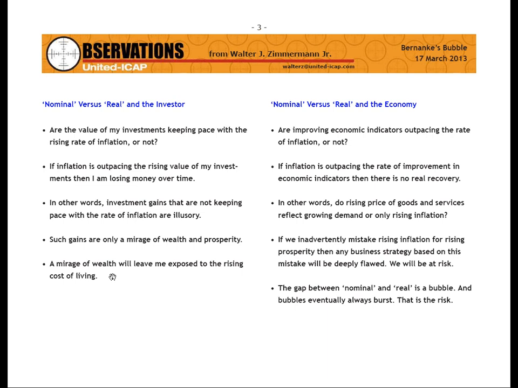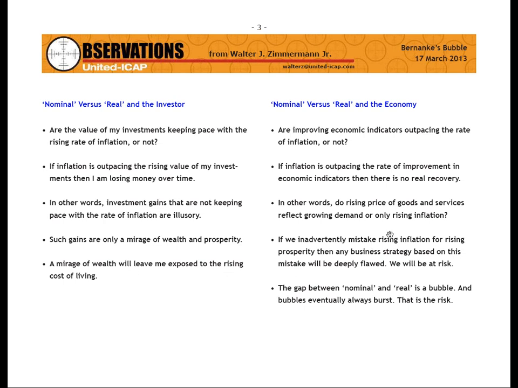And however much our stock portfolio may be going up in value, if it's not keeping pace with inflation, then it's only the mirage of wealth and prosperity. It's only an illusion of a successful portfolio.